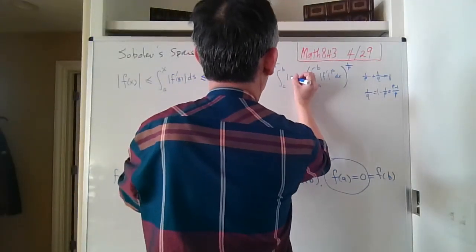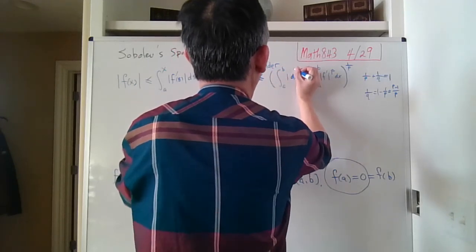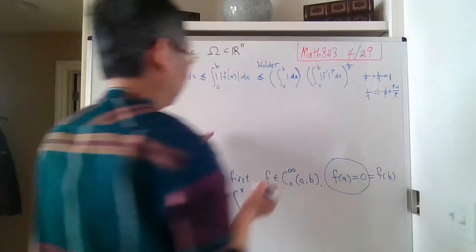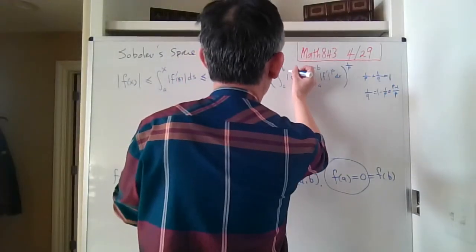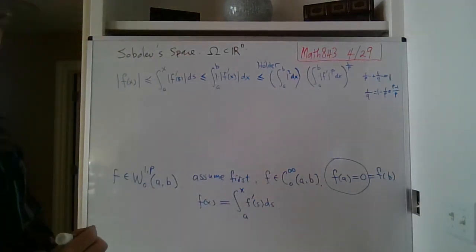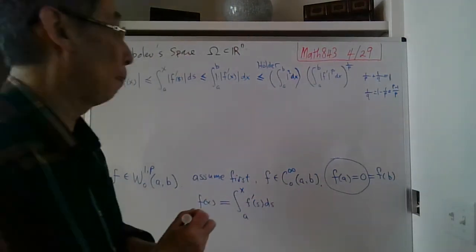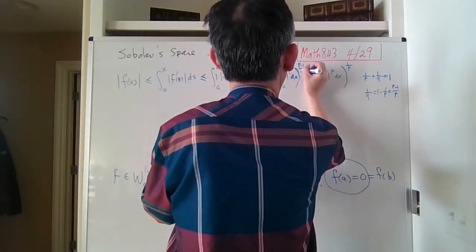So this is the integration, and the outside power is 1/q, which equals (p minus 1)/p.